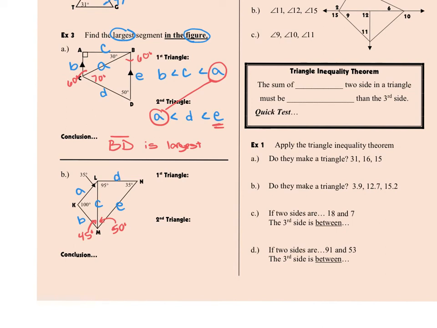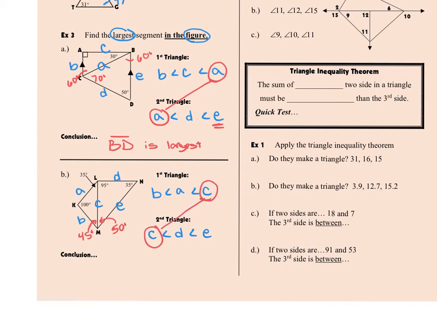Now, when I list the angles on this triangle on the left from small to big using big side, big angle, I'm going to get B is smaller than A is smaller than C. And then in the second triangle, using big side, big angle, I am going to get that C is smaller than D is smaller than E. And then I'm going to connect them again by the side that they have in common.